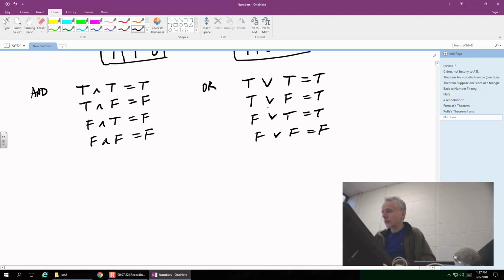Okay, so let's just make up tables. These are algebraic operations on propositions, and we have done that several times: how conjunctions from two propositions create a new one.